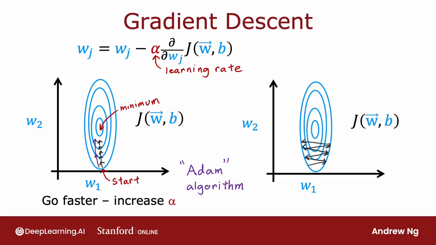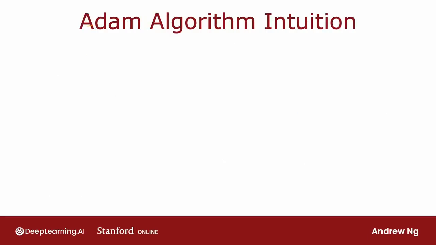And the Adam algorithm can also do that automatically. And with a smaller learning rate, you can then take a more smooth path toward the minimum of the cost function. So depending on how gradient descent is proceeding, sometimes you wish you had a bigger learning rate alpha, and sometimes you wish you had a smaller learning rate alpha. So the Adam algorithm can adjust the learning rate automatically.